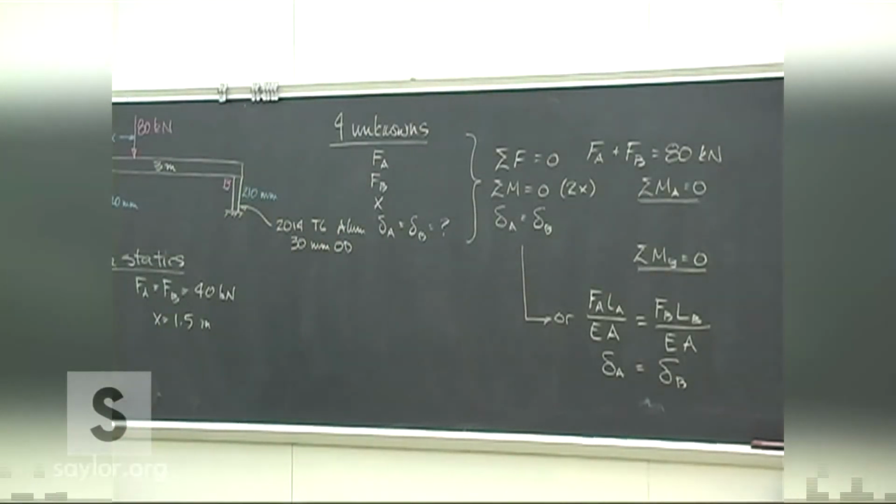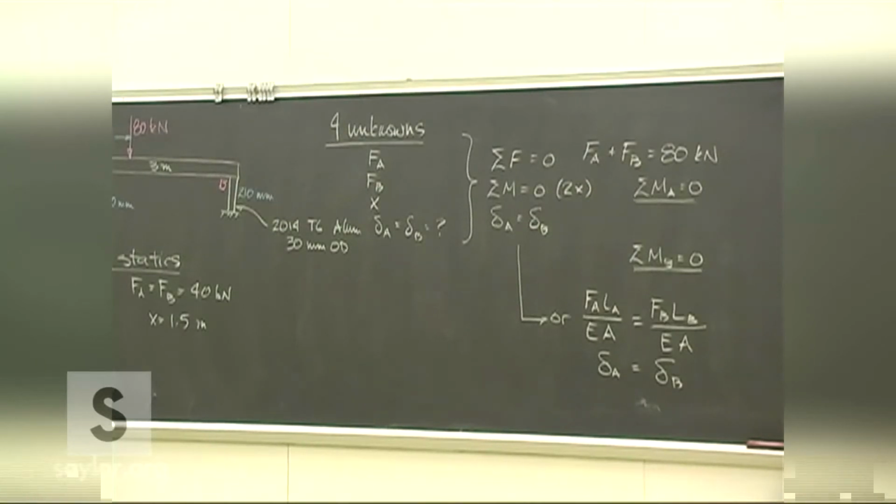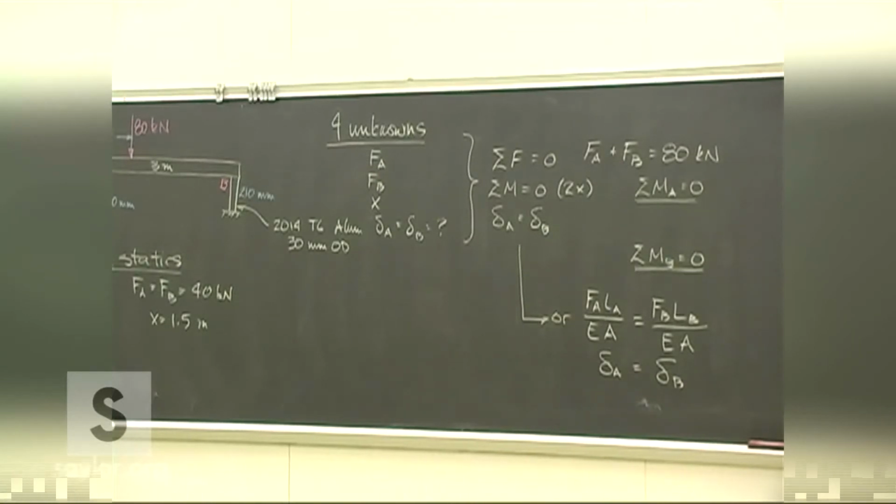Then actually solve for the remaining, solve for the X from that. Make sense? A little bit?